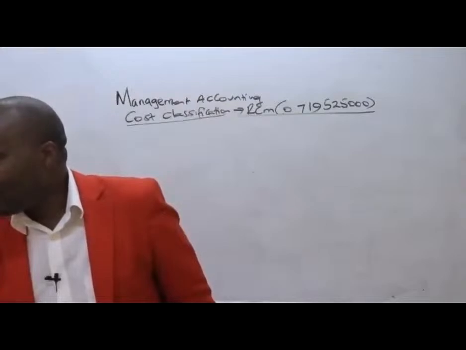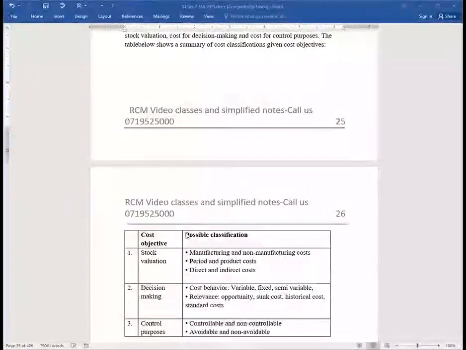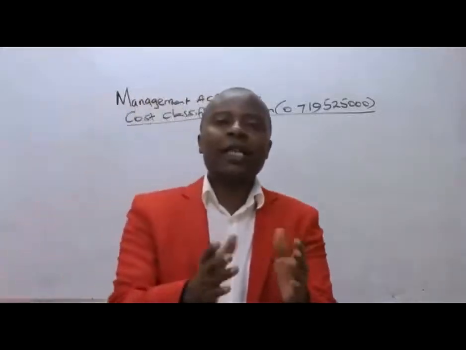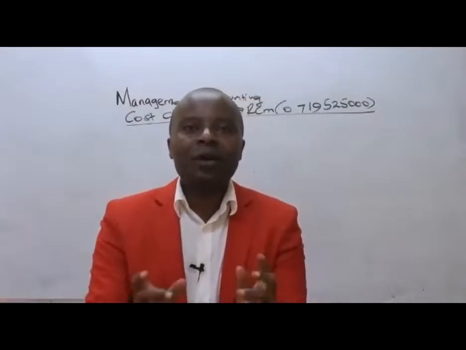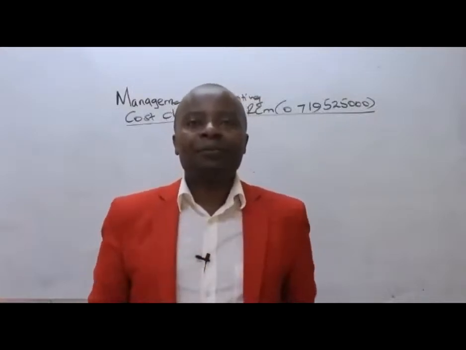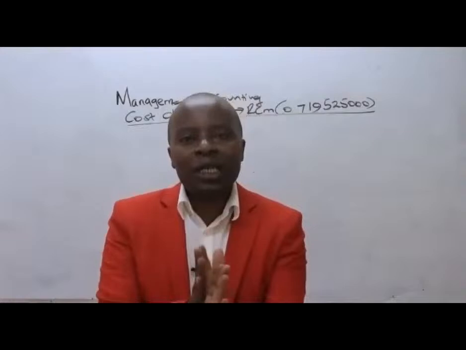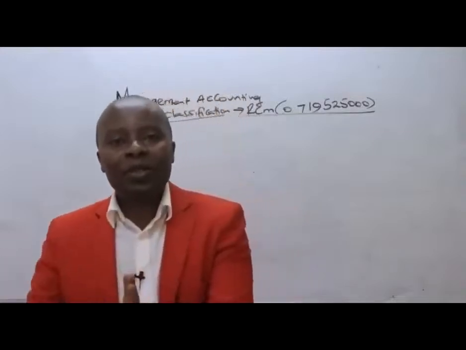Still under stock valuation, we could have a period and a product cost. We could have this kind of classification, yes. Periodic costs, ladies and gentlemen, are those costs which, as the name period suggests, are time-based, like salaries, which we pay on a monthly basis, and like rent.